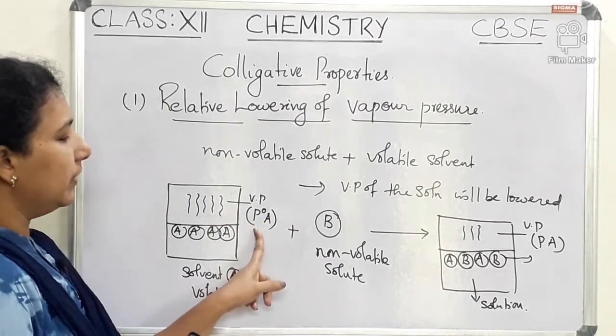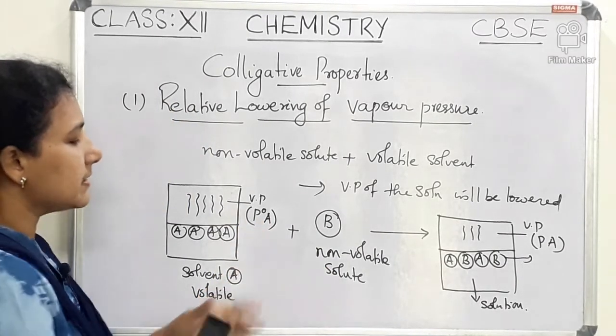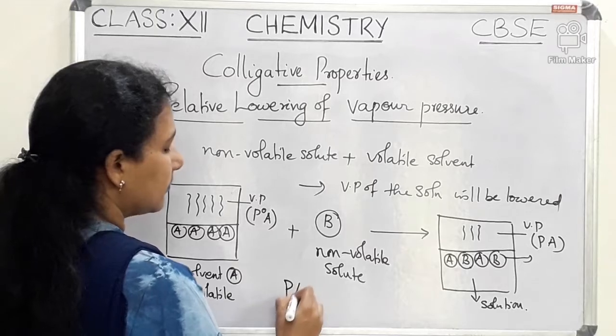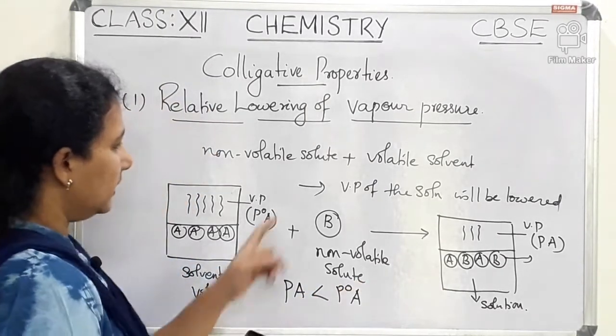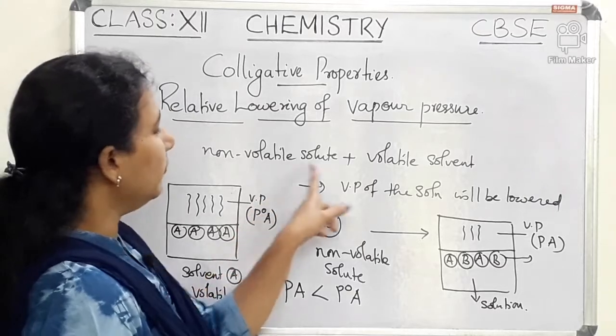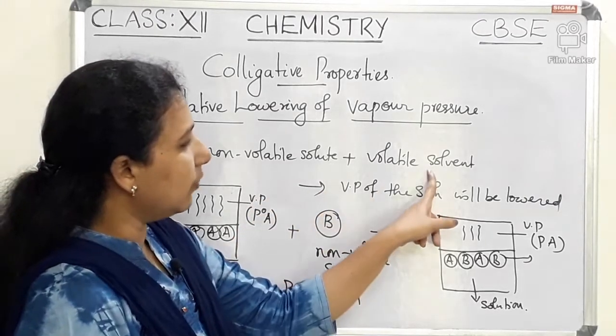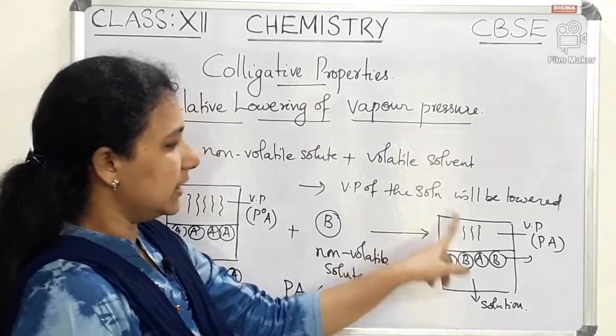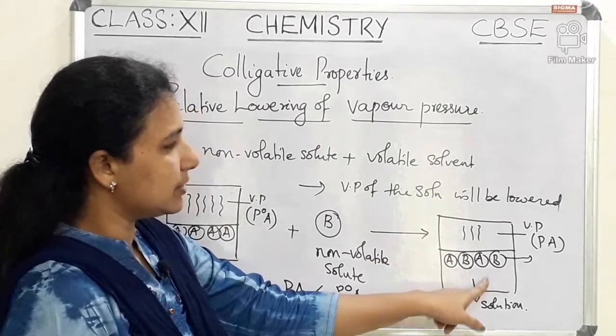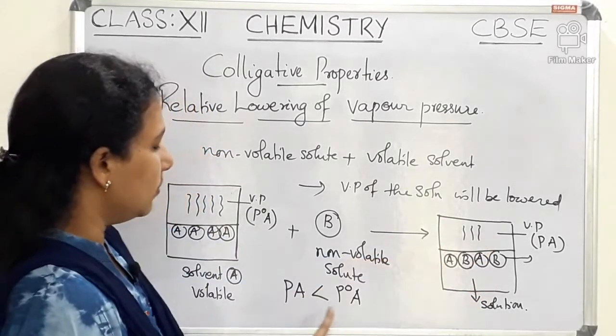That PA is less than the vapor pressure of the pure component A. That means PA is less than P0A. That is why, as we have studied, when a non-volatile solute is added to a volatile solvent, the vapor pressure of the resulting solution will be lowered.